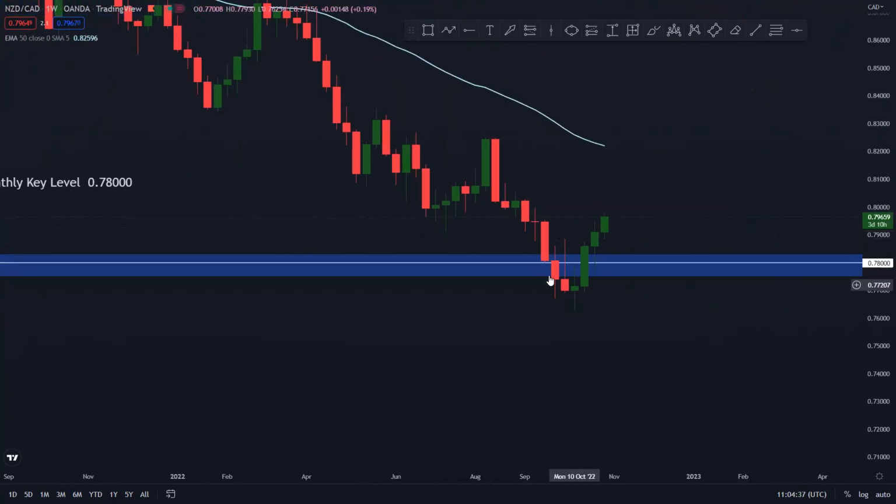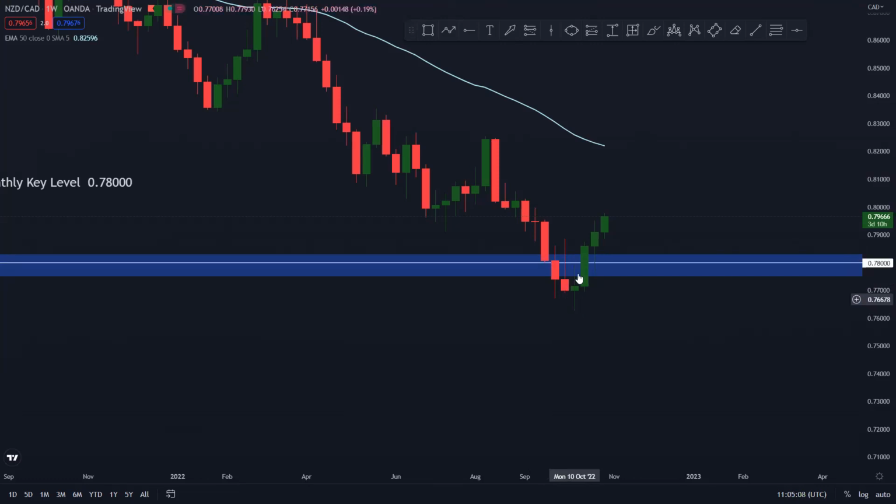So we had a bearish candlestick, and then we had a doji candlestick, a pin bar, followed by a bullish engulfing candlestick, closing right back above the level. So previously, the weekly candlestick closed below the level, a bearish candlestick.